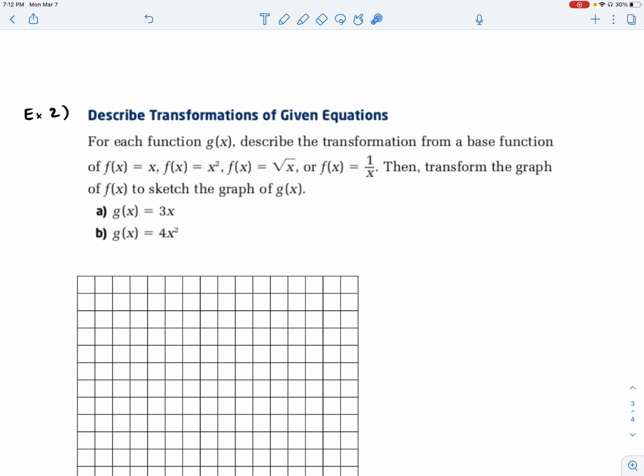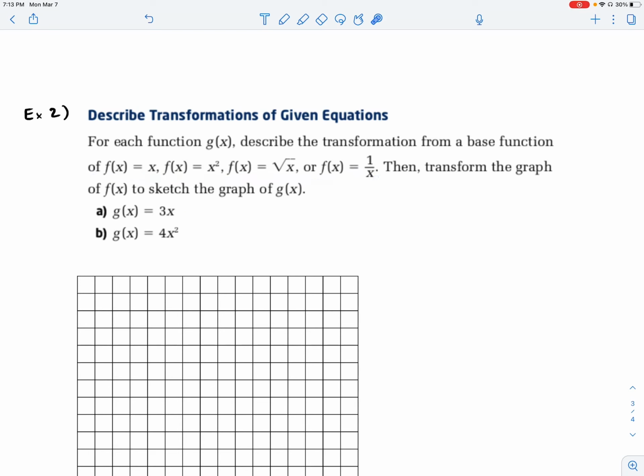So we're told g of x equals 3x in the first one, and then in b, we're told it's equal to this one. So if we're to start with part A, which we will, we want to see which base function corresponds to this function here. So g of x is basically taking one of these options and doing a transformation to it to get this.